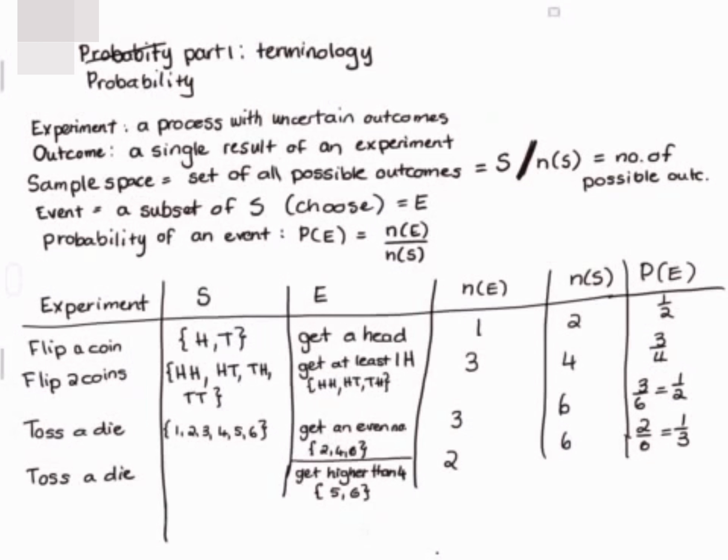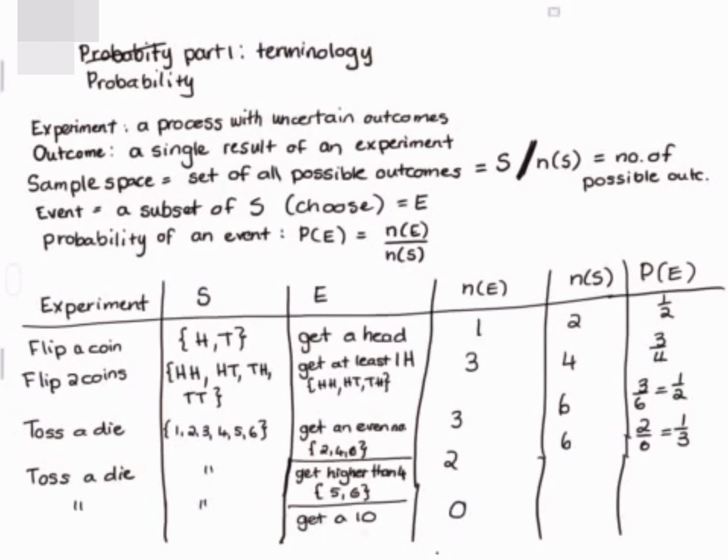Right, let's do 2 more with toss a die. I just want to show you some more things here. So stick with toss a die again. And still the same here. I'm just not rewriting it. This one I'm going to say get a 10.